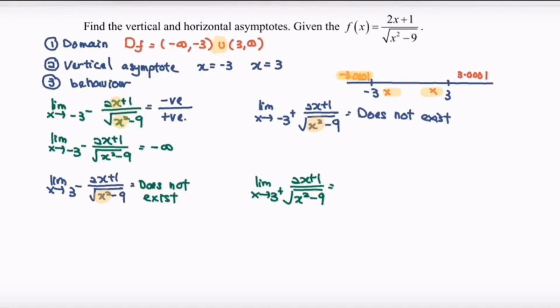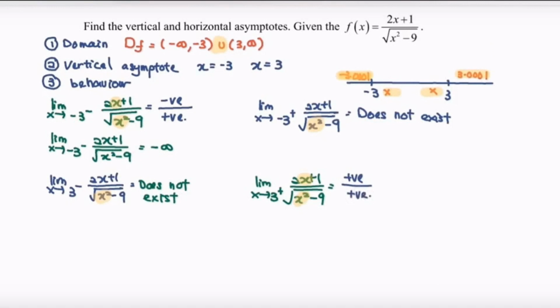Next, let's move on to the right hand side. The limit when x approaches 3 from the right, so the value will be 3.0001. If we substitute into this part, we will have a positive numerator, and if we substitute the value into the squared part, the value will be more than 9. A value that is more than 9, minus 9, obviously gives a positive value.